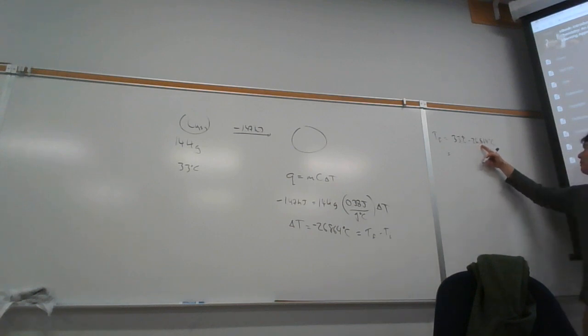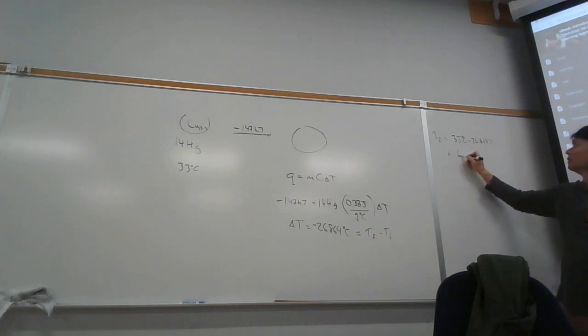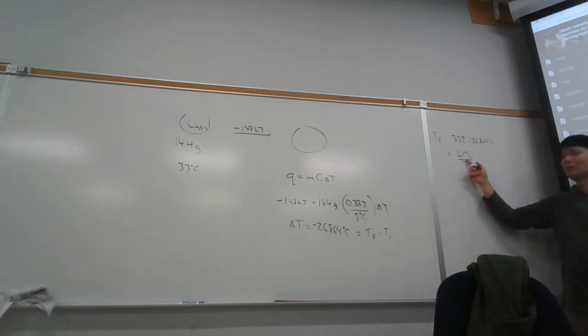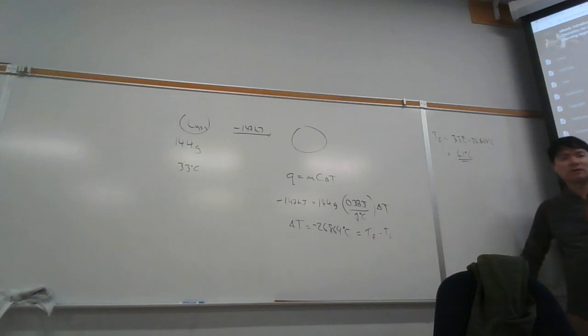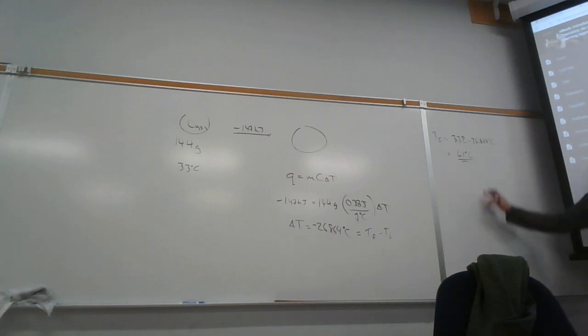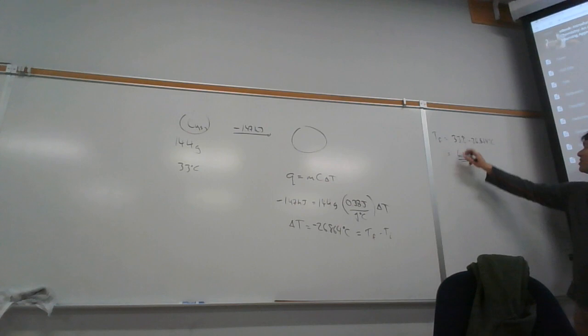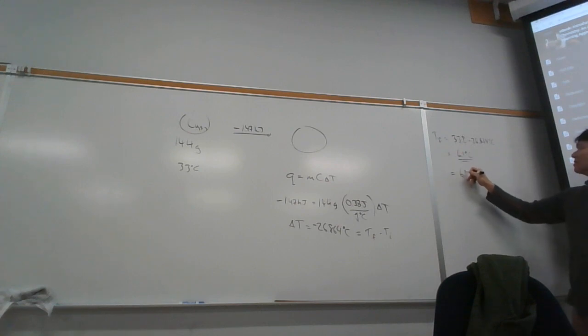It will give us 6.1 degrees C. Is that what they got? Mm-hmm. Yeah. This is going to be positive 6.1 degrees C because that's the final temperature of the coins and the fountain. The coins are going to come out to the same temperature as the fountain. Would it be only one significant figure? Yeah, because you're right. This is 33, so we go to 6 degrees C.